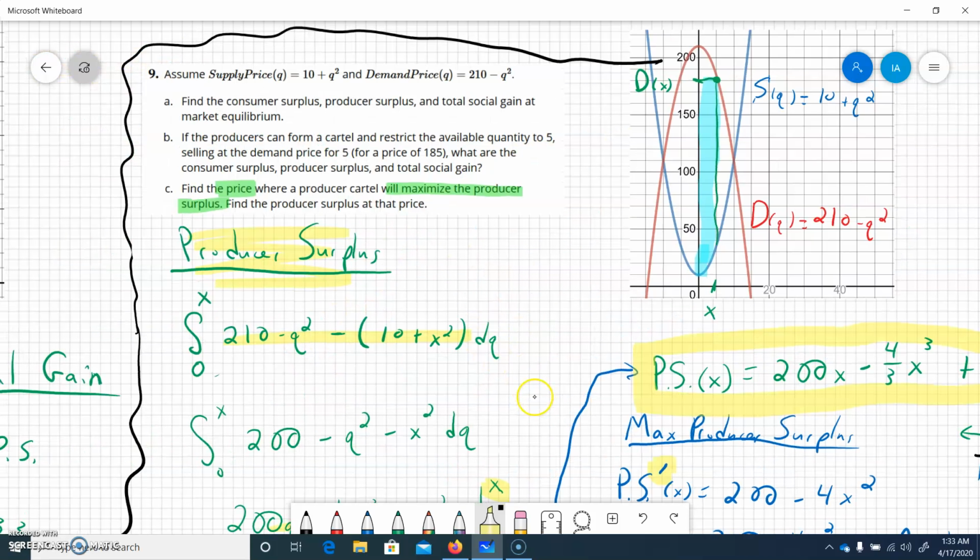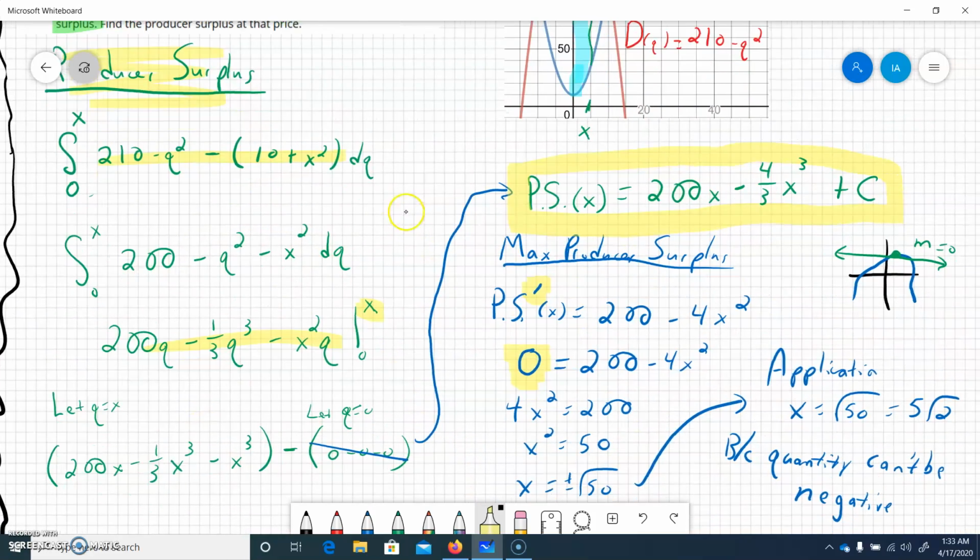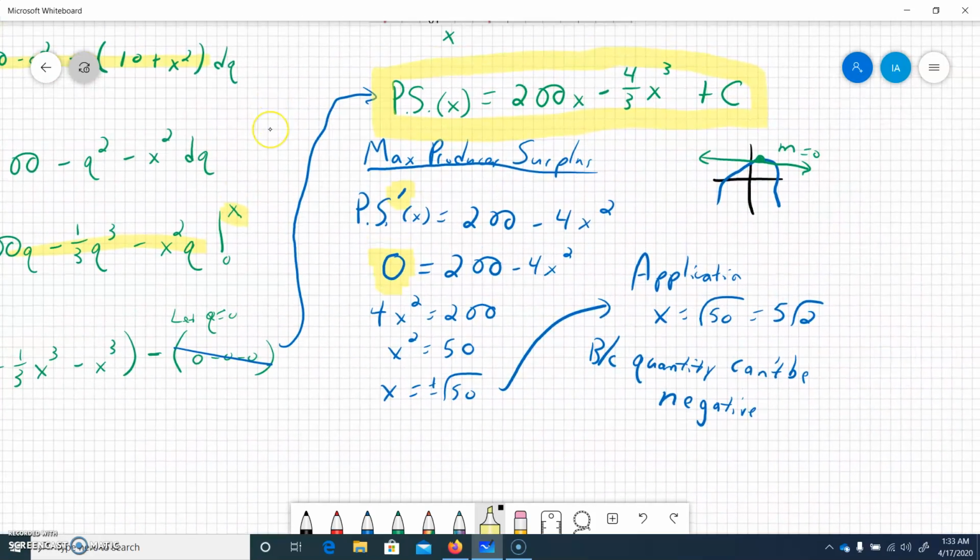Let's see. It says find the producer surplus at that price. So let's very quickly set it up. Quantity for producer surplus equals 5 square roots of 2.